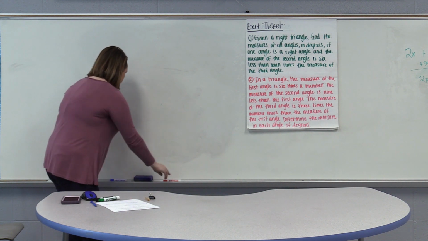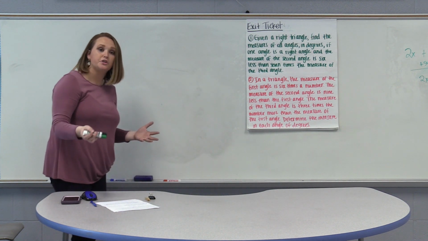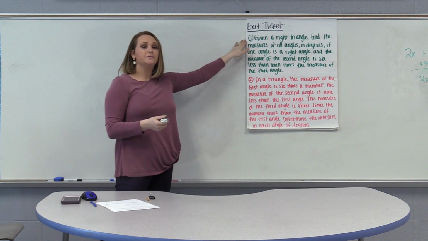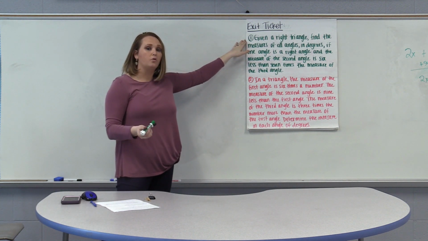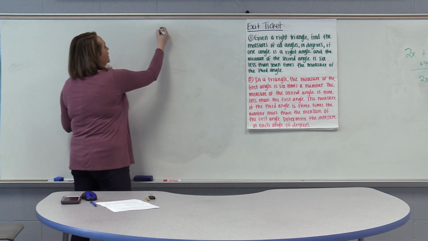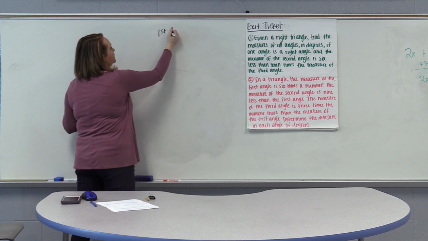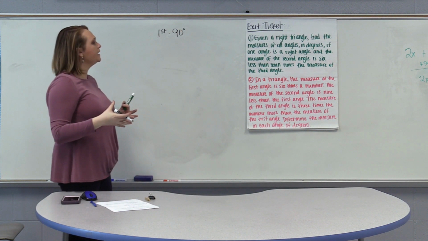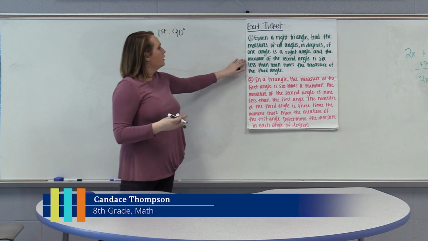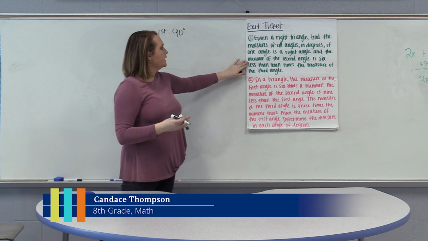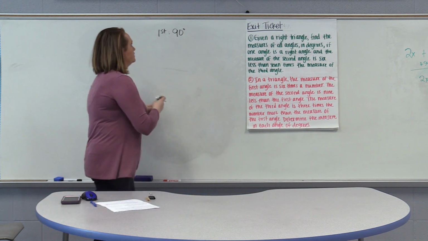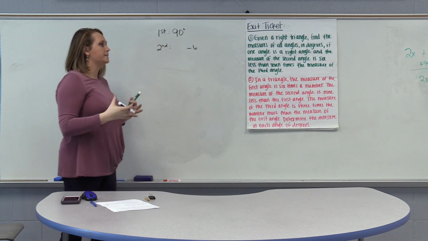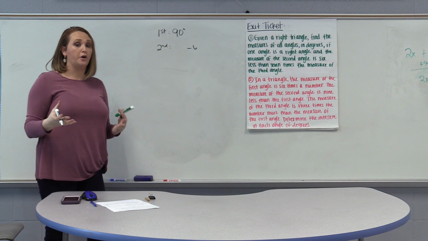Okay, let's check your work and see how you did compared to my answers. So I have a right triangle. That tells me that I'm going to have one angle that equals 90 degrees. So I'm going to put that the first angle is equal to 90 degrees. The measure of the second angle is 6 less than, so I know that I'm subtracting 6, 6 less than 7 times the measure of the third angle.